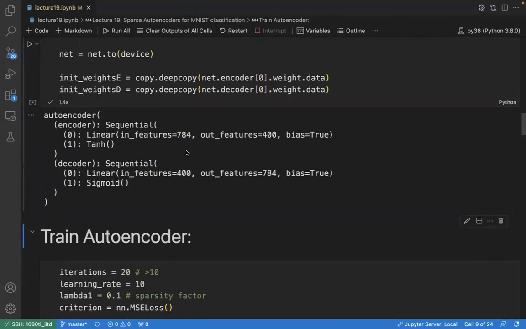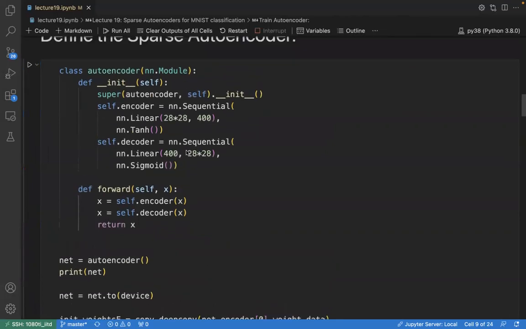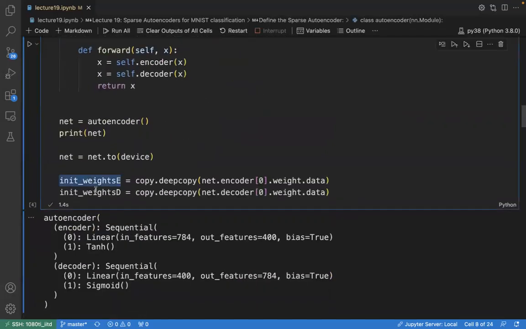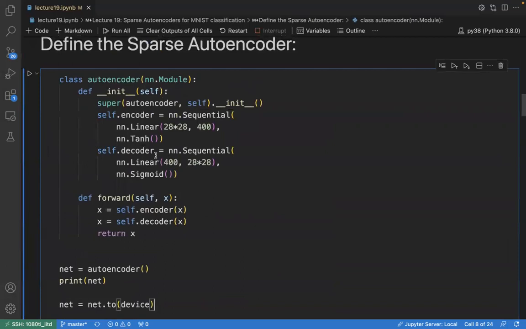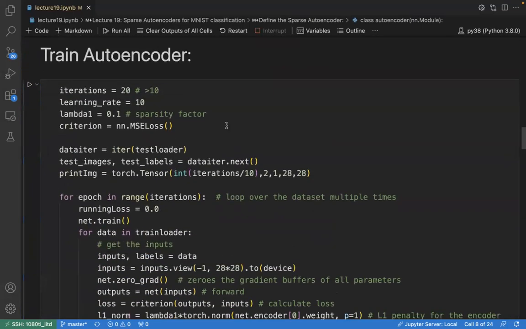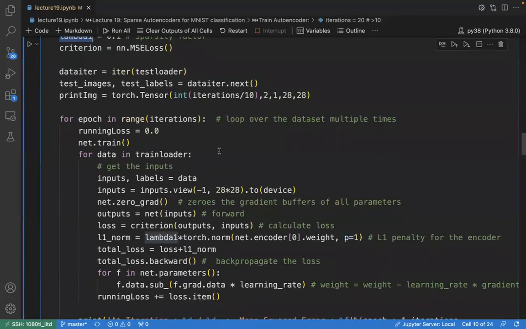This is done, and here we are keeping the weights of the encoder and decoder for our future analysis.